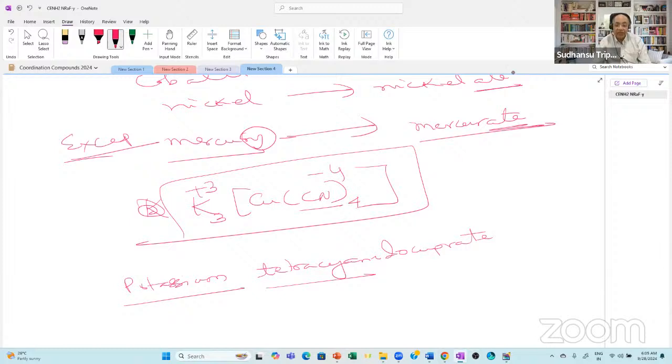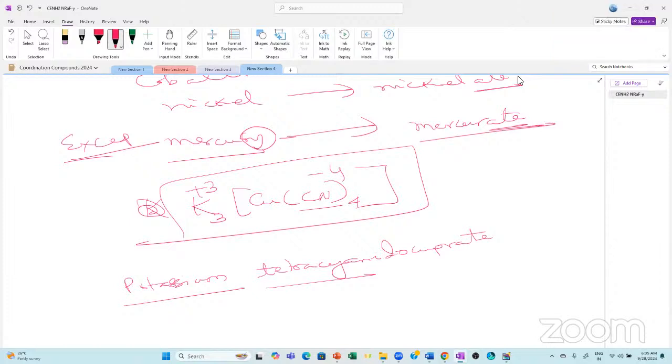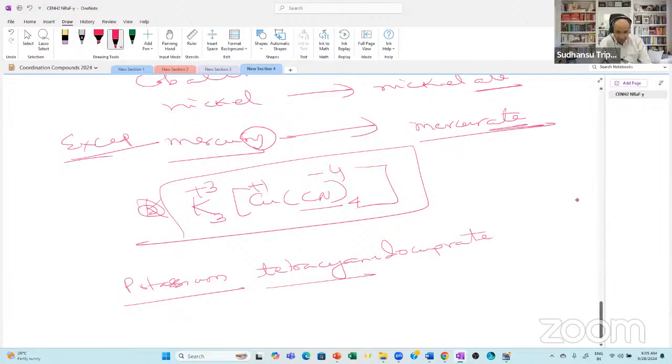So what is the oxidation state? Yes, Amla? +1. Because there are 3 potassium, +3, and there are 4 cyanide ions, -4. Supposing this is X, so +3 plus X minus 4 is equal to 0, X is equal to +1.